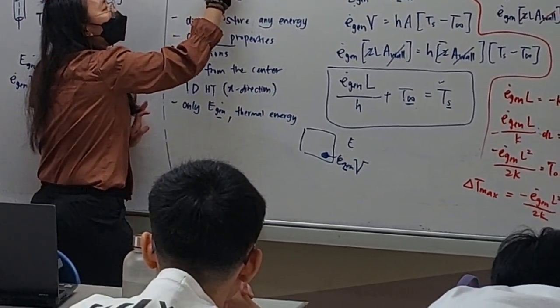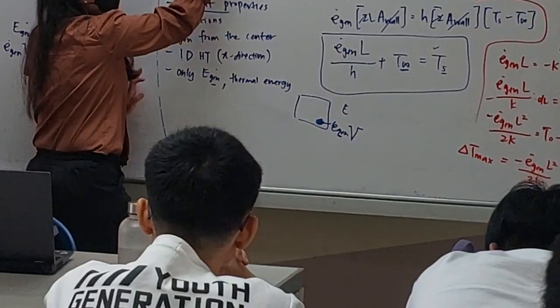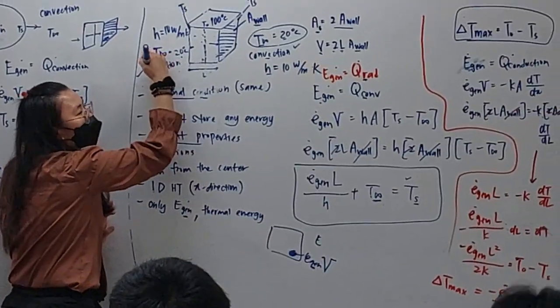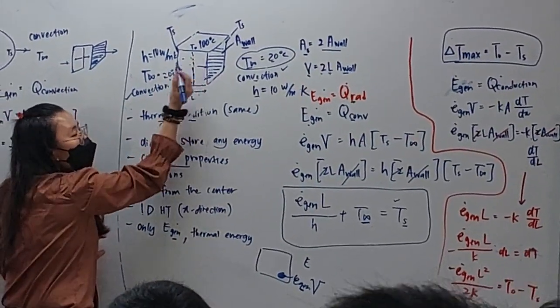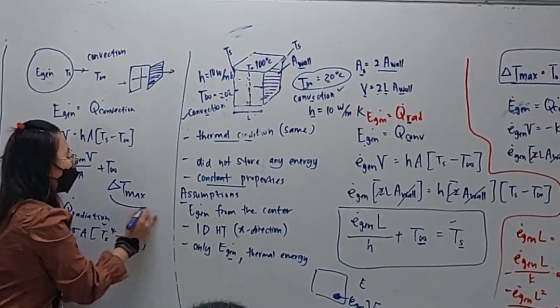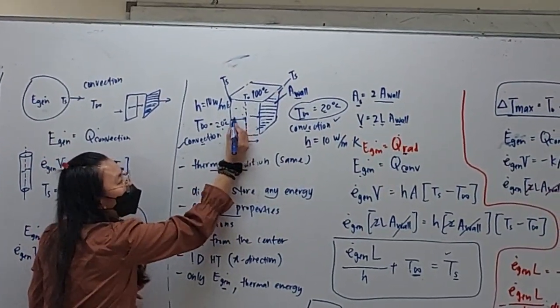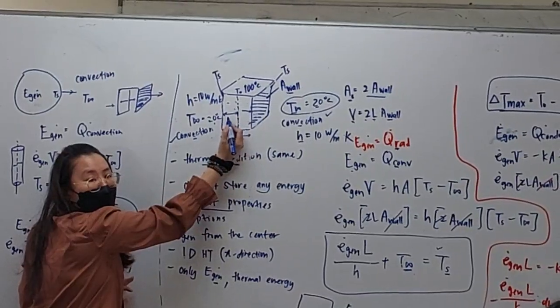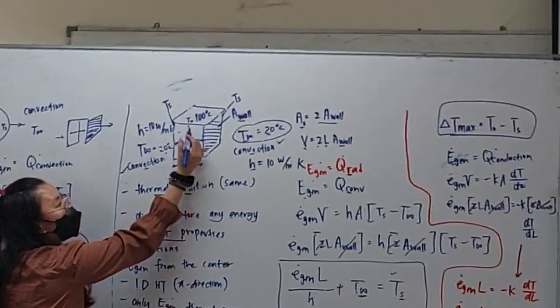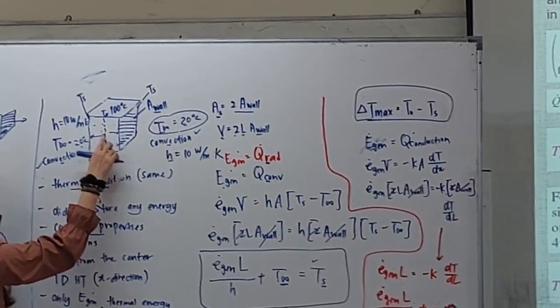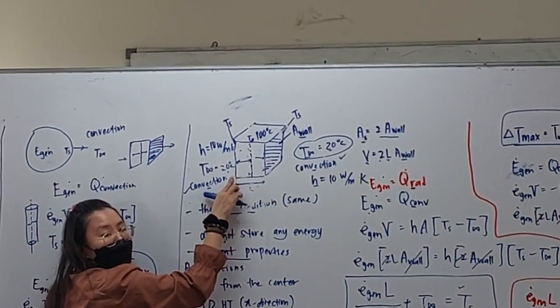After some components, maybe the surrounding temperature is any value. If the question asks you to calculate the maximum temperature difference, it is actually the temperature difference between the temperature at the center and the surface.